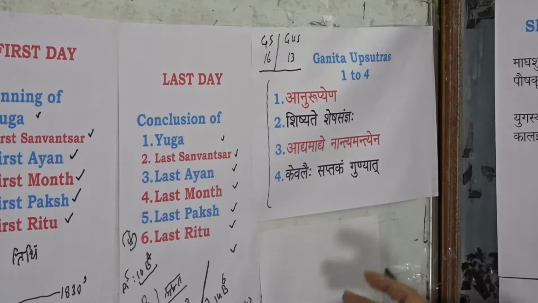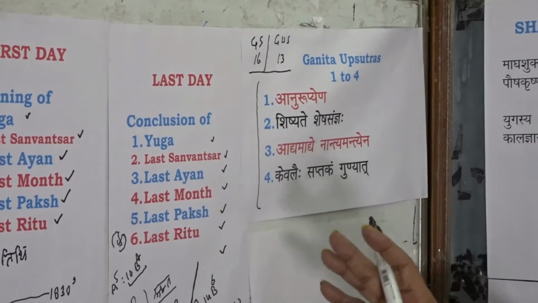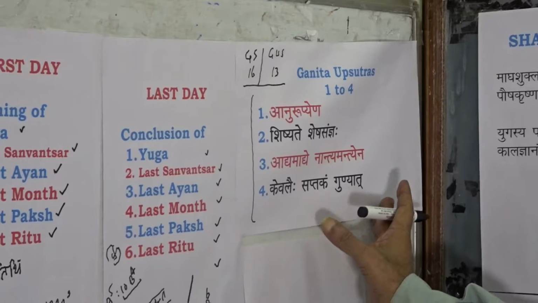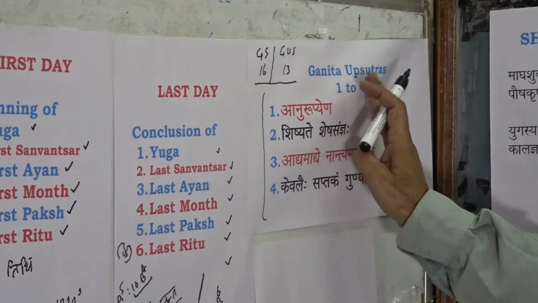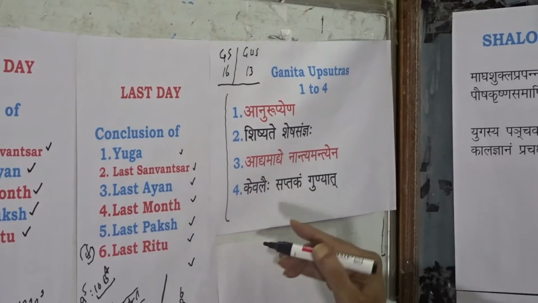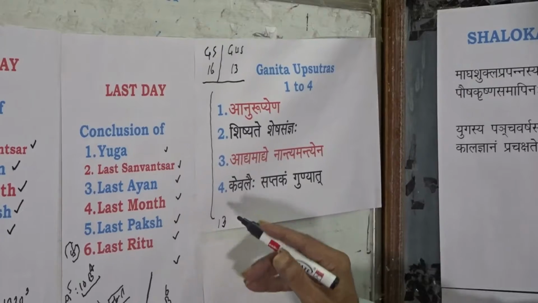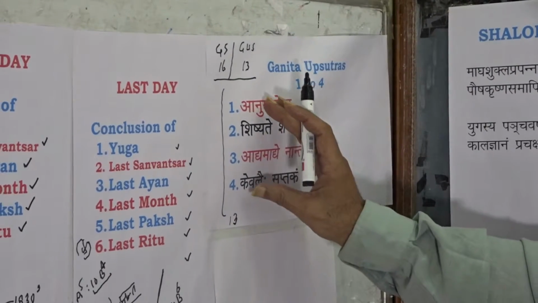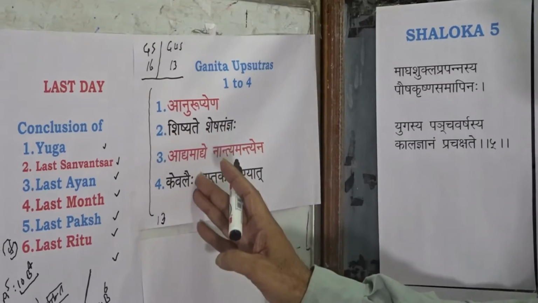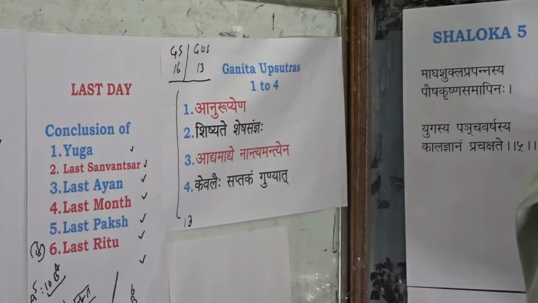However, here for the chase of the mathematical steps of the Jyotish Vedanga, we have in particular to avail Ganita Upsutras. There are 13 Upsutras, but out of these, initially at this stage, we want to be fully exposed to and intimately face to face with the first 4 Upsutras.